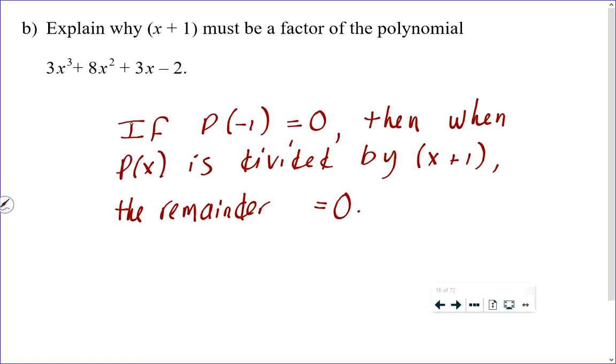And I'm rolling through my head exactly how to complete this thought, but just verbally, that's the textbook definition of a factor. When you divide something by a factor and get a remainder of 0, it's because it's a factor. Okay?